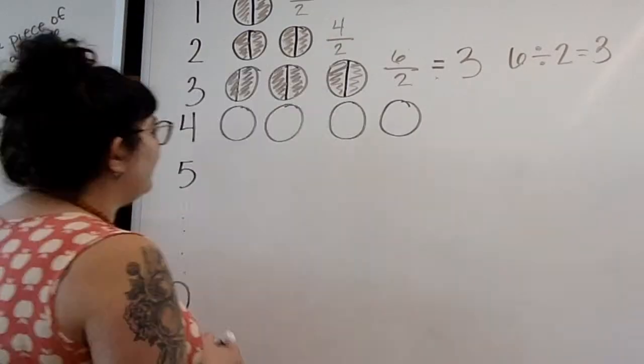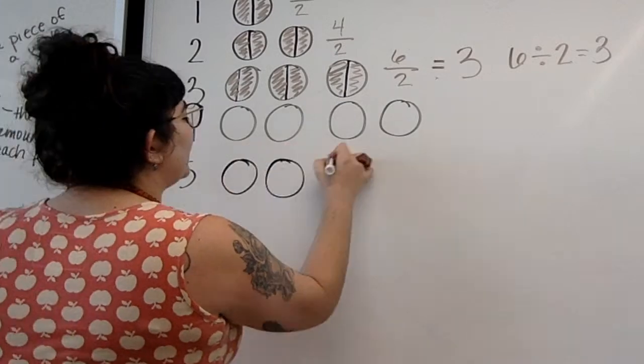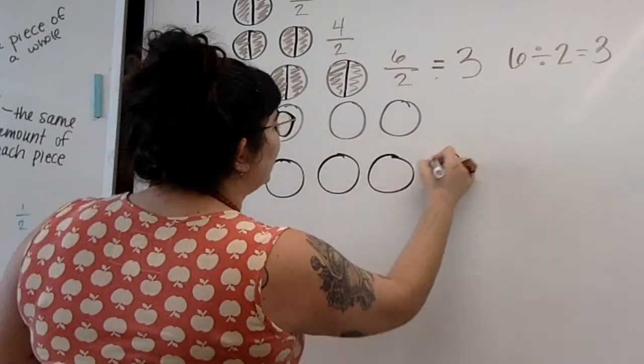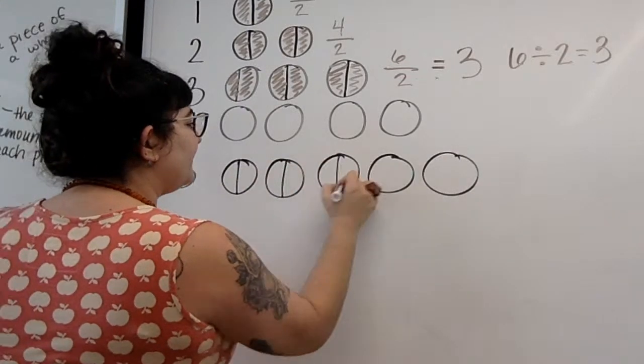What about 5? If I have 5 wholes and I want to see how many halves are in these, right? I'm going to set it up by cutting each of them in half.